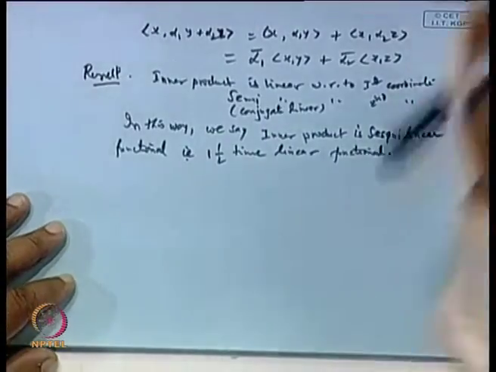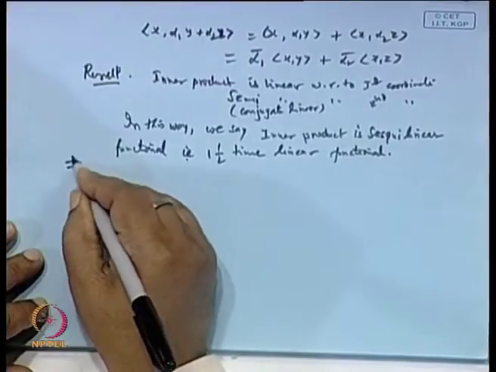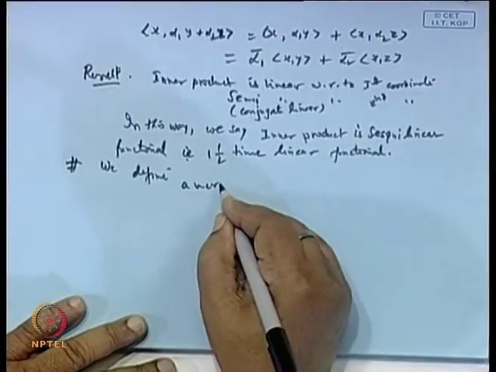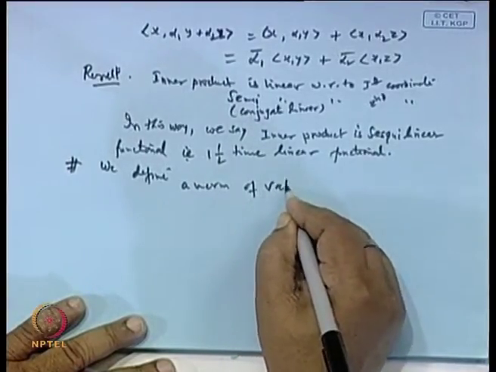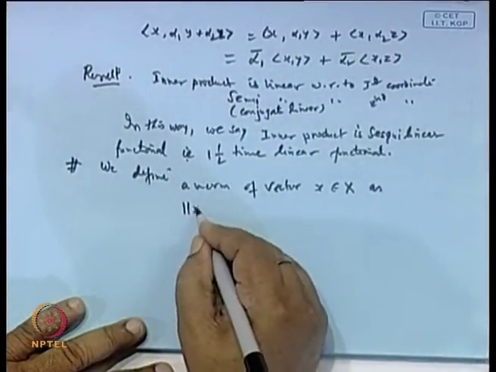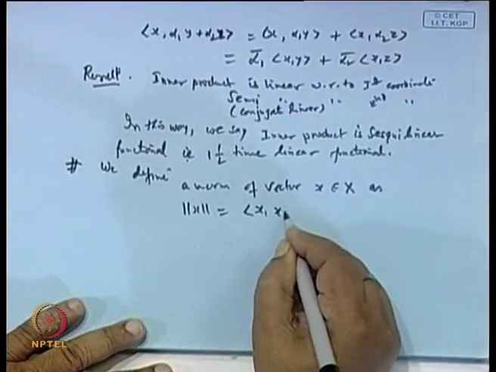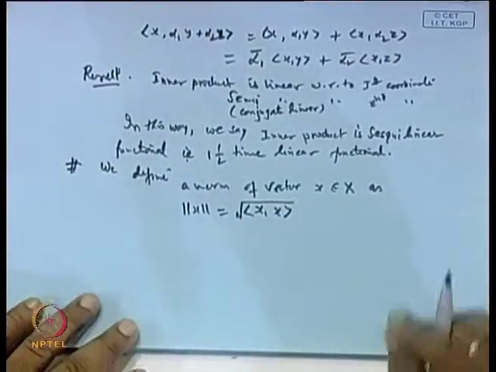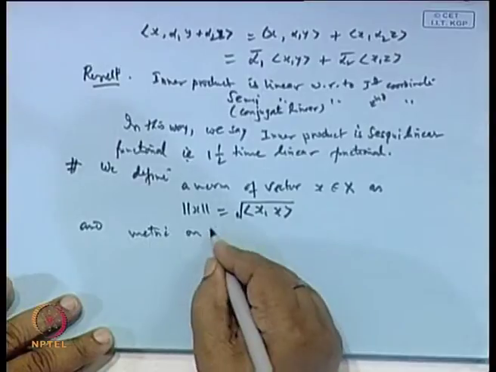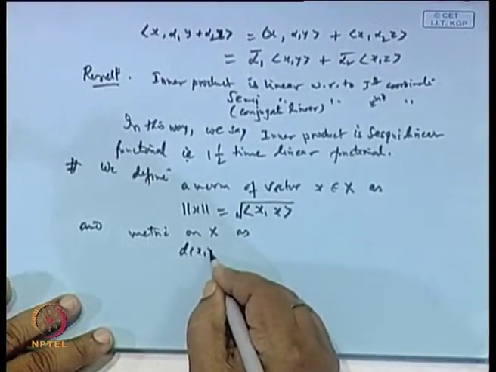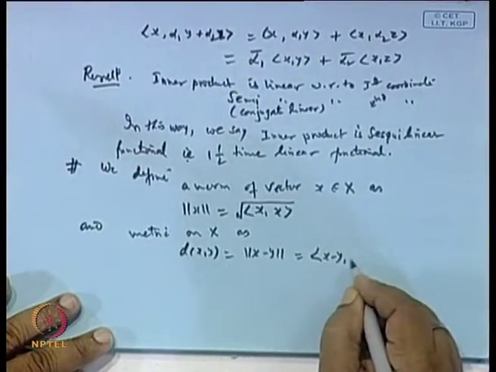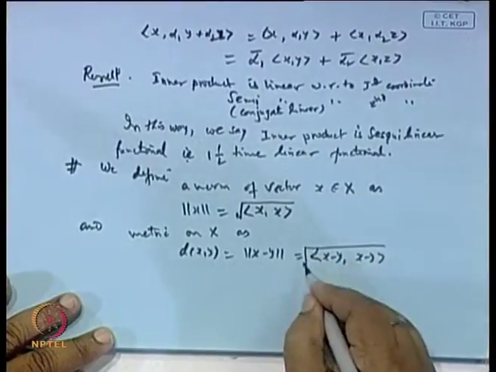So, we define a norm of a vector x belonging to X as norm of x equals square root of inner product (x, x), and the metric on X as d(x, y) equals norm of (x minus y), which is the square root of inner product of (x minus y, x minus y).